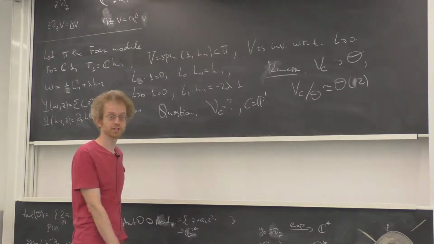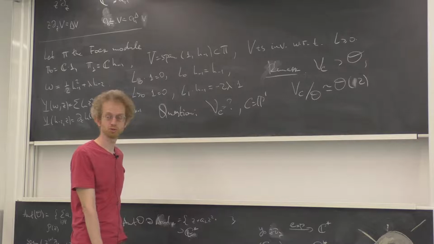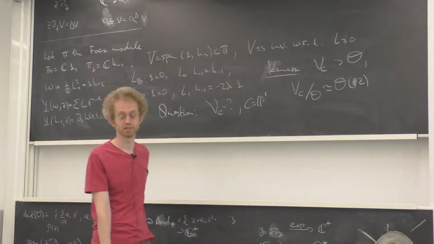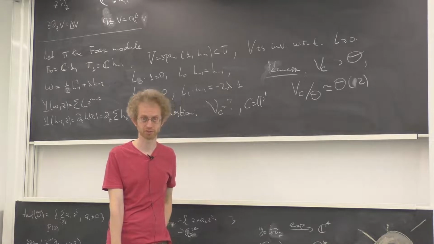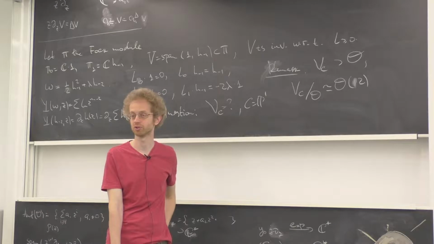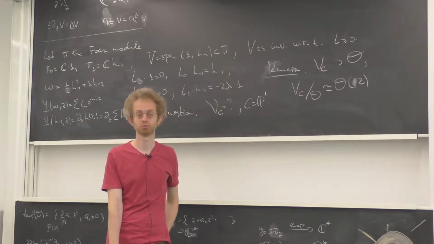But we probably know that any bundle on P1 is a direct sum of line bundles. Do you know this theorem? Please raise your hand if you know this theorem. Any vector bundle on P1 is isomorphic to the direct sum of line bundles.